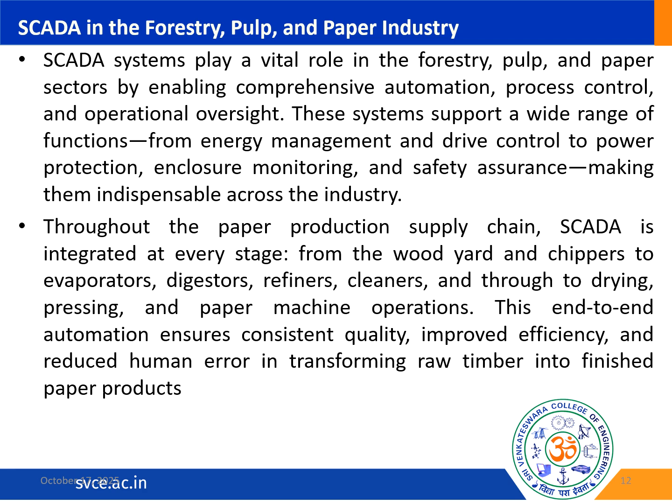SCADA systems are very supportive, and are used throughout the paper supply chain, which includes wood yard, chippers, evaporators, digesters, refiners, cleaners, drying and pressing, and so on. Everything can be considered in SCADA systems. This complex processing of trees into paper is automated from one end to the other by establishing SCADA systems.